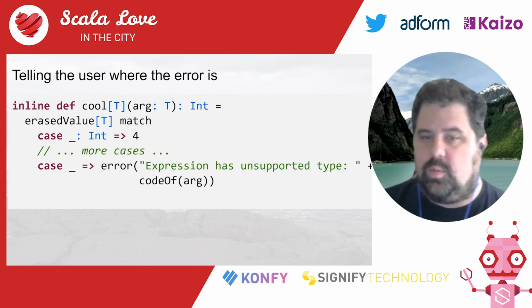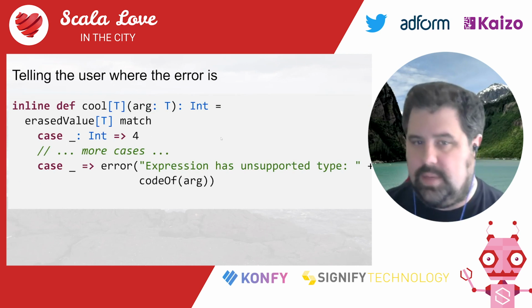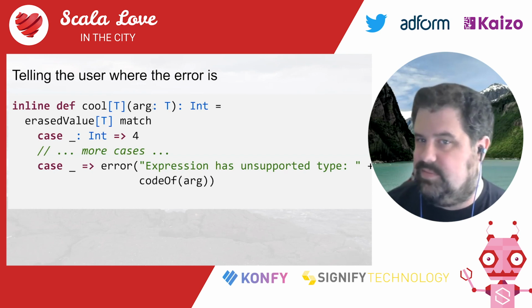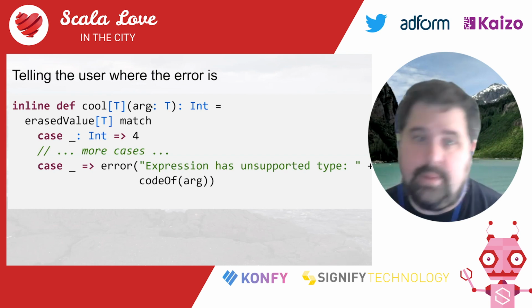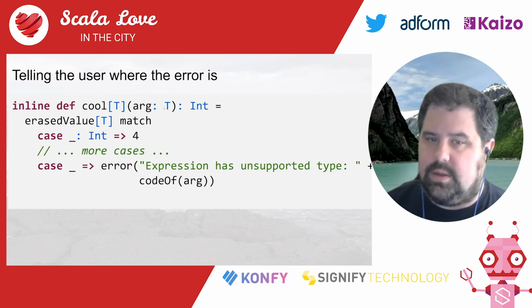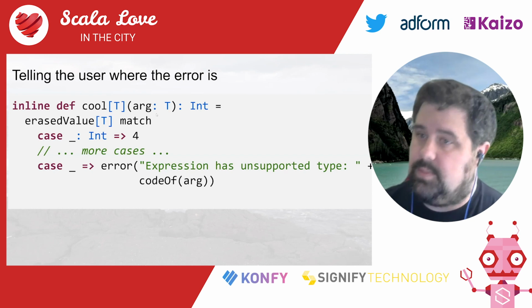We can tell the user where it is if we have an argument. So let's say we have a method that has more than one argument. In this case, we just have one because I wanted to fit it on a slide. And I do one of these matches, and I'm matching on a particular argument type, and that argument's the problem.